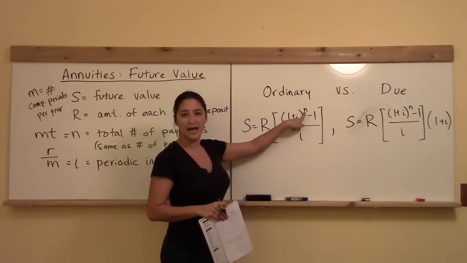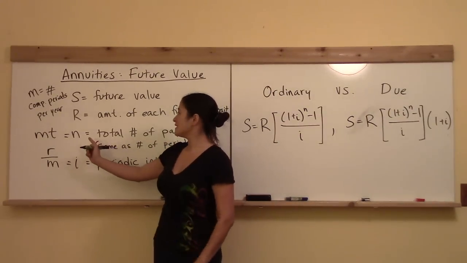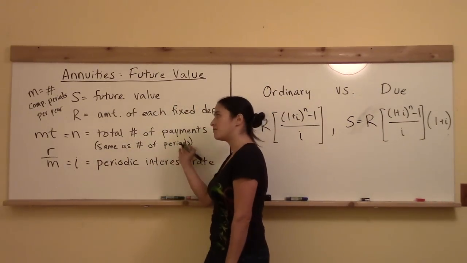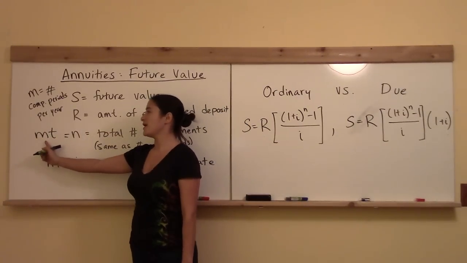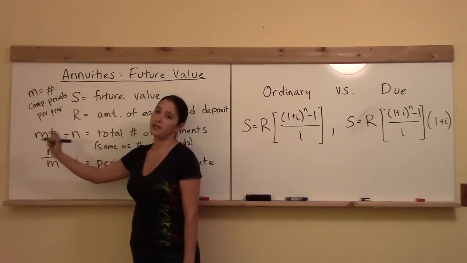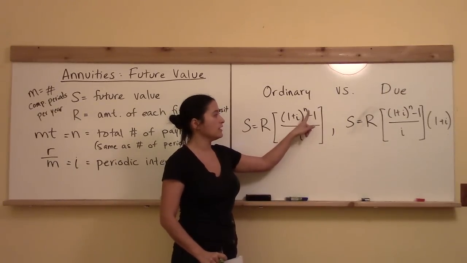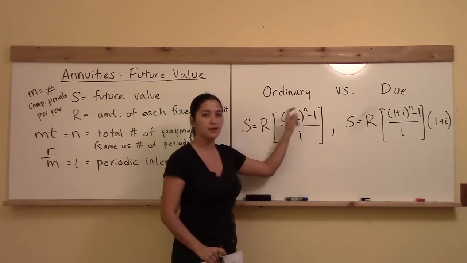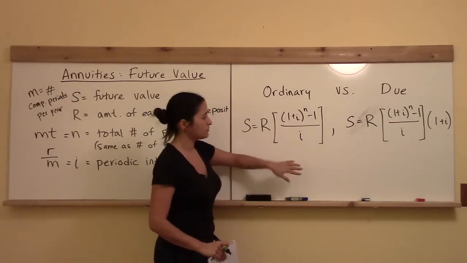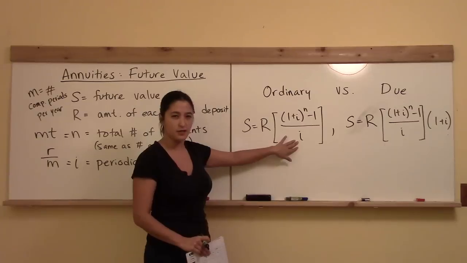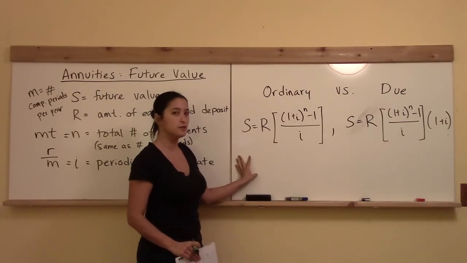Then it's raised to the n, and keep in mind that this n is not exactly time, but the number of payments, same as the number of periods: the time in years multiplied by m. So you can think of this n as the same as in the general compound interest formula, the total number of compounding periods over the lifetime of the annuity. Subtract 1 from that quantity, divide the whole thing just by i, not 1 plus i, and you will output the future value of an ordinary annuity.